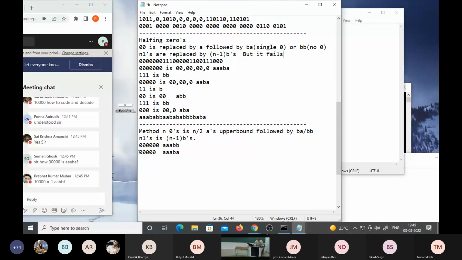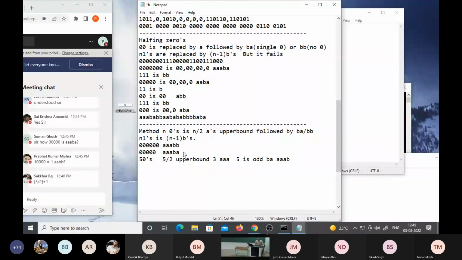How many zeros are there? 5 zeros are there. 5 by 2 upper bound is 3, so we shall get A. 5 is odd, so it becomes BA.